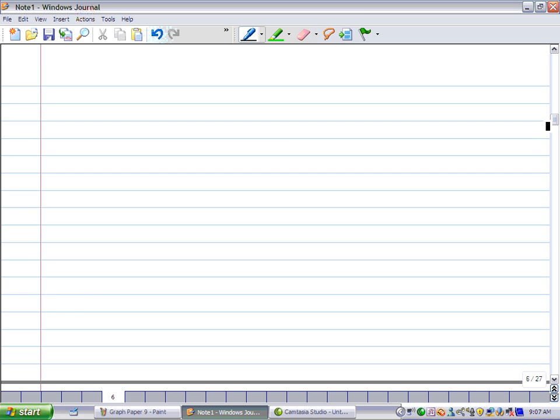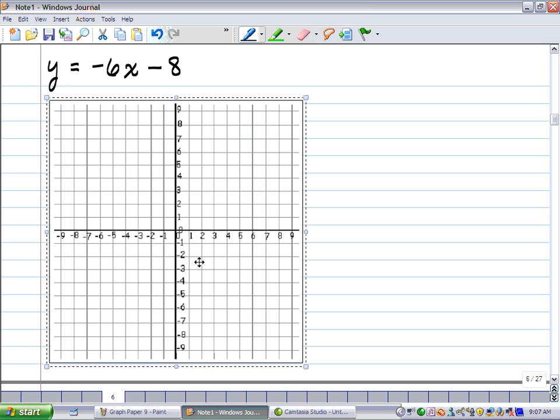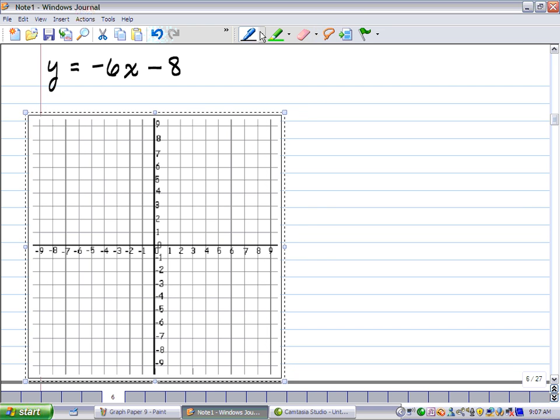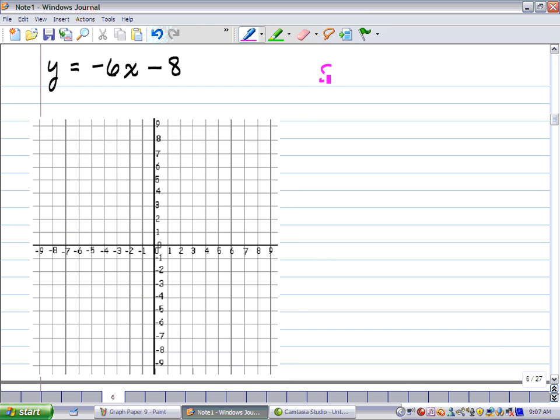Okay, let's do one more example here where that'll actually come in useful. Y equals -6x minus 8. So the slope here, m, is equal to -6 over 1. And the y-intercept is -8.